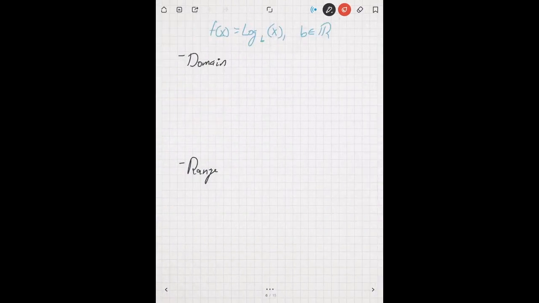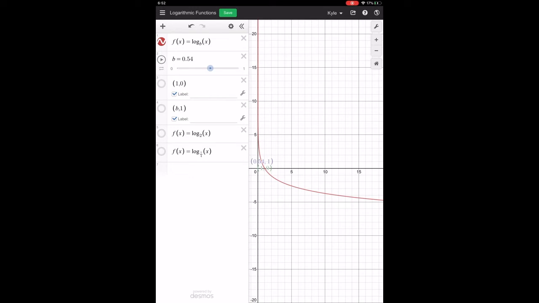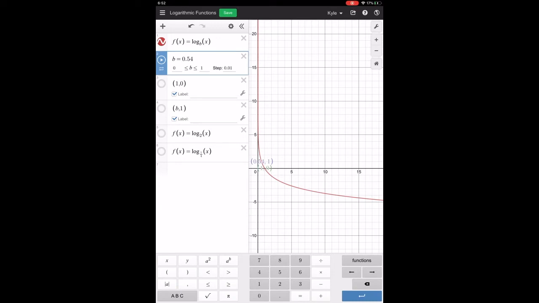Now let's talk about the domain and the range of the logarithm. Going back into Desmos, we can see that for the decay, and let me change this up a little bit, let's go from 0 to 5.